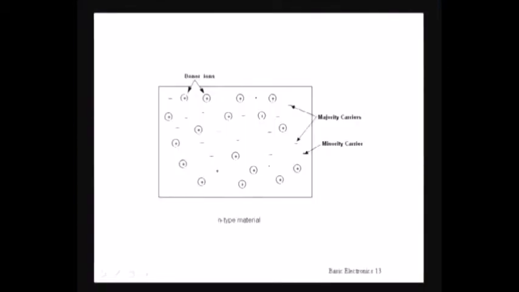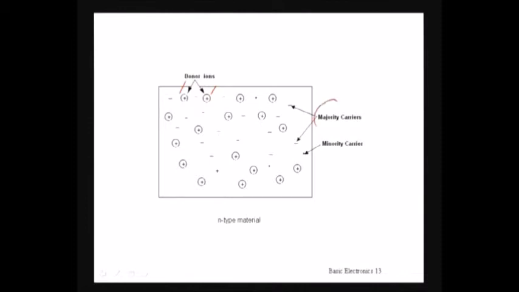So the donor ions have 1 positive charge, and there will be electrons which are in abundance in the N-type material.